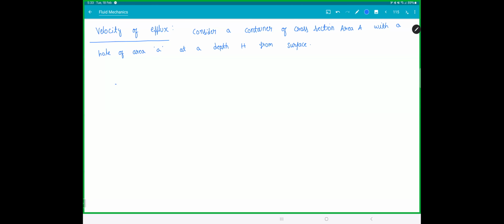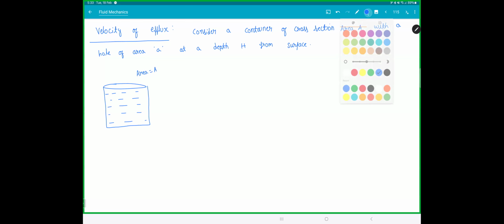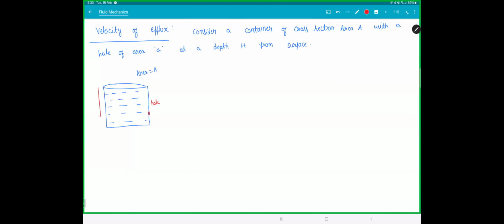So the container would look kind of like this. We have a liquid. The area of the container is A. Here at the bottom, we have a hole. So let's say the hole is here. Remember, h is not the height of the container. h is the depth of the hole from the surface. Getting it? So we are talking till here. So you can also say h is the height of the liquid above the hole.